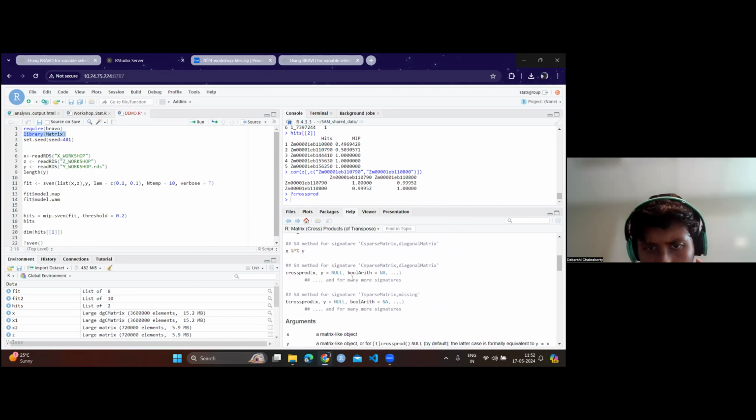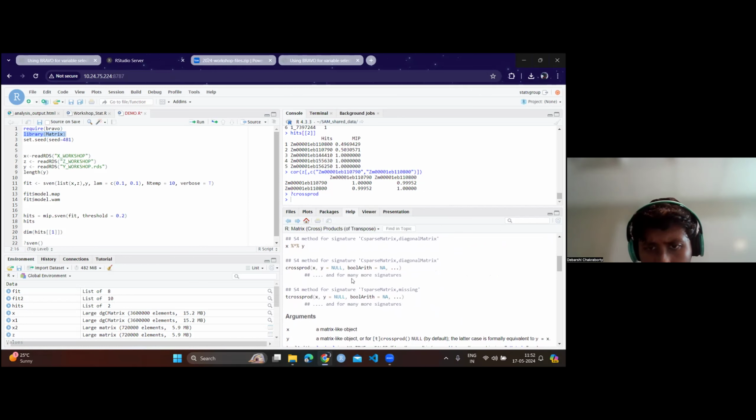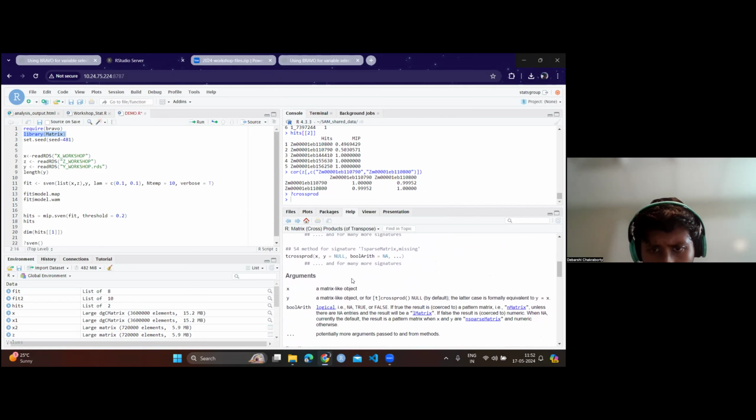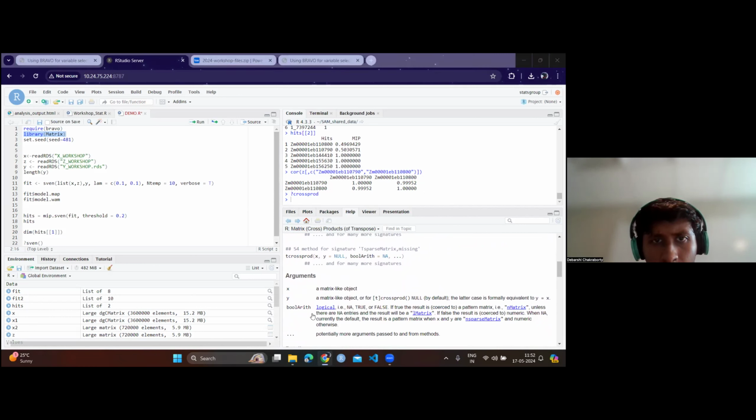Yeah, it's in the package Matrix, so it should work. Yes, it can be because of the variable names, like if you're putting the wrong variable names. Okay, you have checked. Both the variable names are in uppercase.